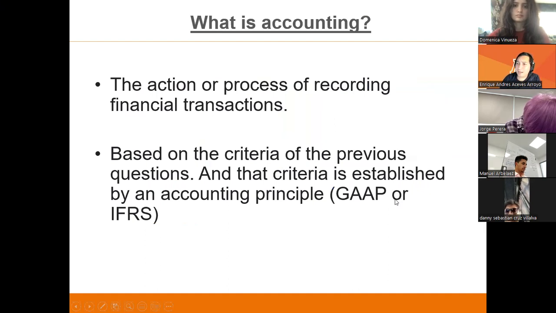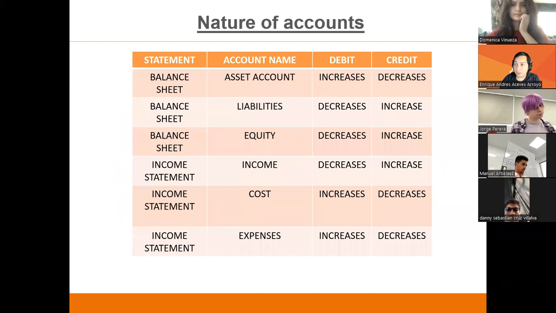So what is accounting? The action or process of recording financial transactions based on the criteria of the previous questions, and the criteria is established by an accounting principle. In here we will follow IFRS because it's the international standard for accountants. Okay. Nature of accounts, guys.